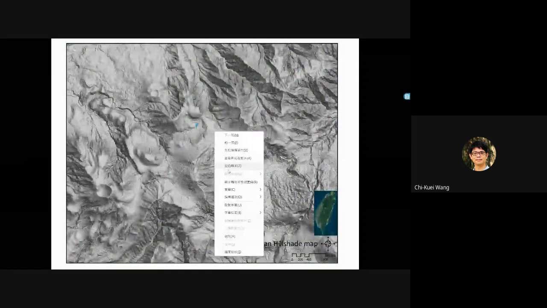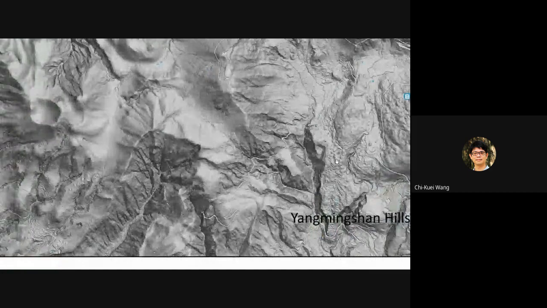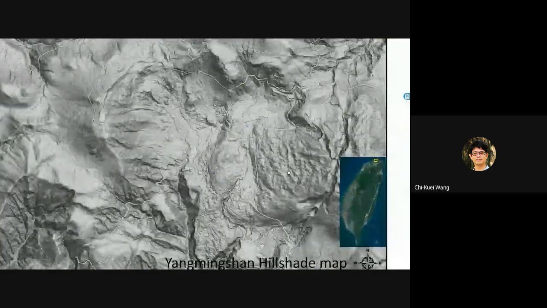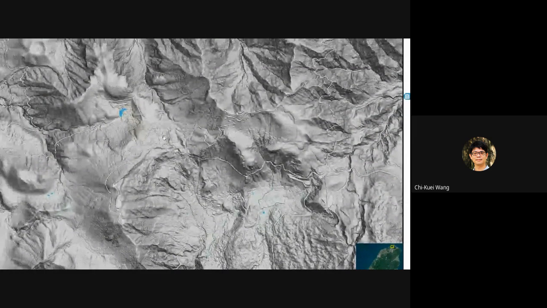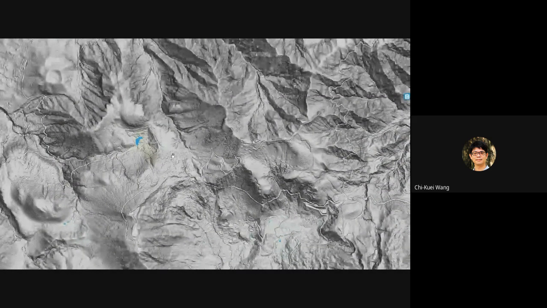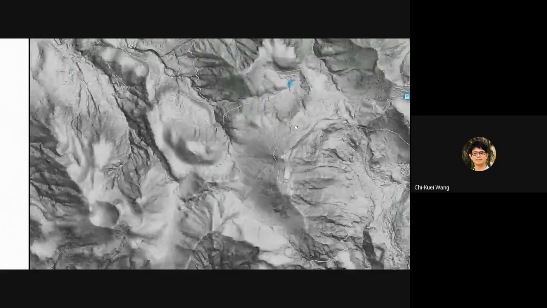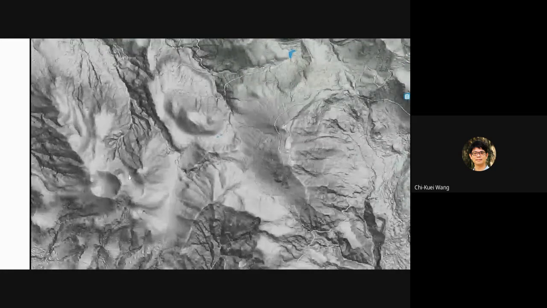And this is another area, where we see a lot of very highly detailed surfaces. And this actually is a volcano. In Taiwan, we have just one volcano, north of Taipei.